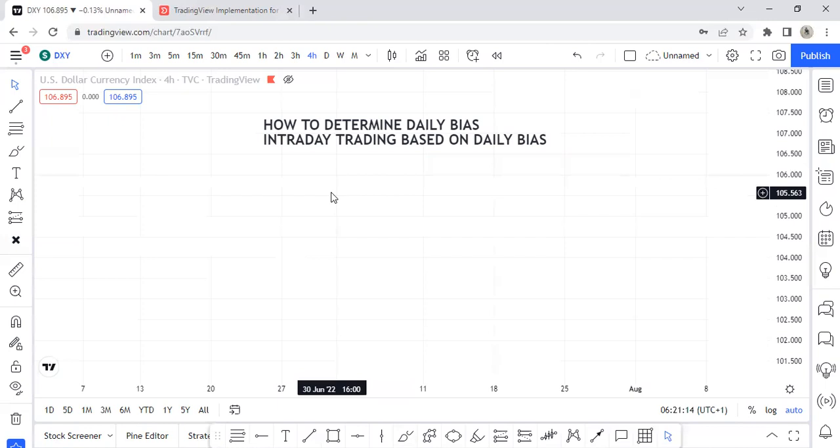That means the daily candle is very important to you. That is why you have to understand intraday trading, because your trading opens and closes within the daily time frame. Or if you should exceed, maybe if you got into a trade by maybe 11 p.m., that is from 1 hour to the next day, then it's still intraday trading as long as the trade does not exceed 24 hours.